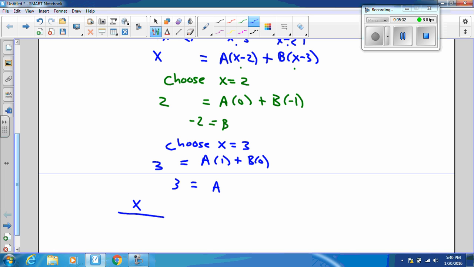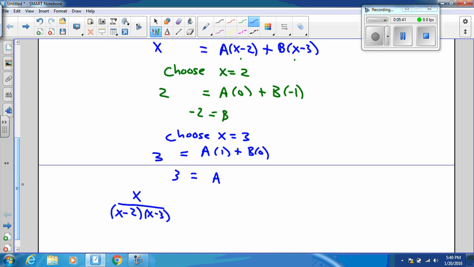Let's write our partial fraction decomposition. What we are saying is that x over x minus 2 times x, I wrote it backwards, x over x minus 3 times x minus 2 is in fact equal to 3 over x minus 3 plus 2 over x minus 2.